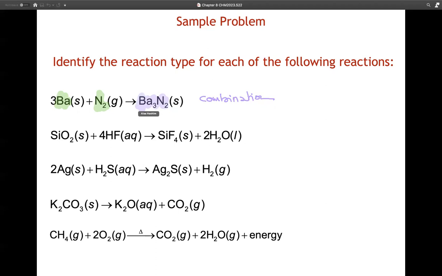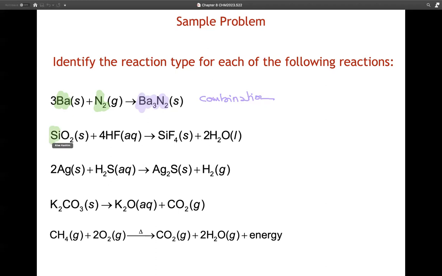Okay, so now let's take a look at the second problem. We have silicon oxide reacting with hydrogen fluoride to form silicon fluoride and water. What do you guys think? Well, let's consider the problem.